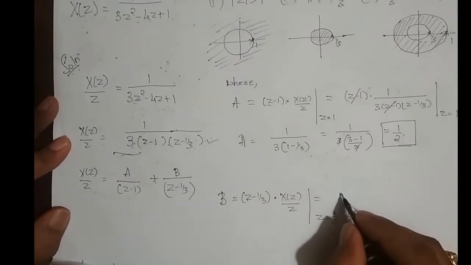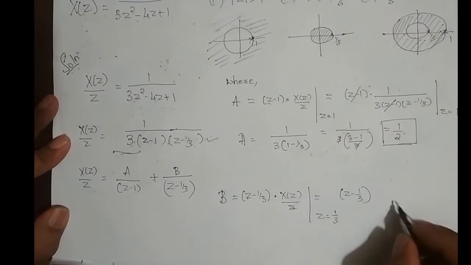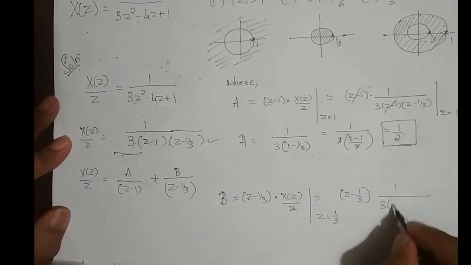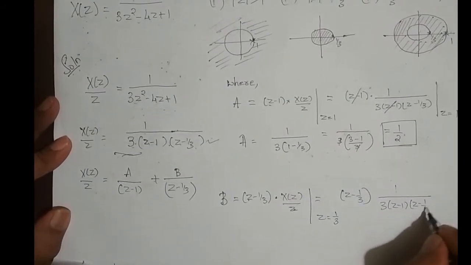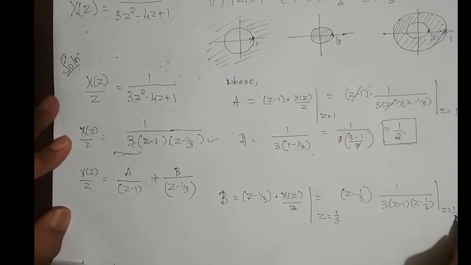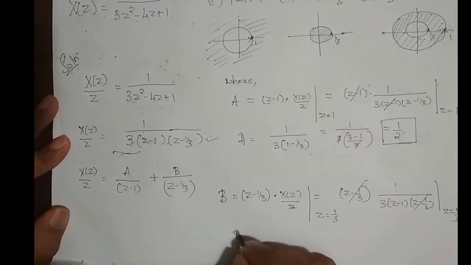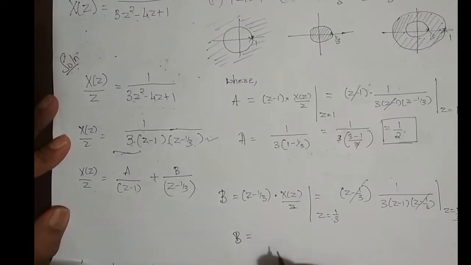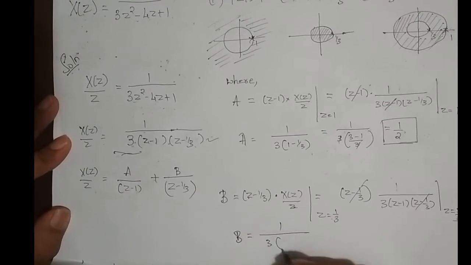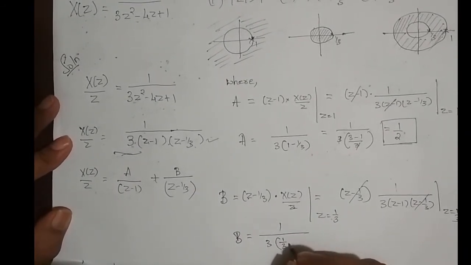So similarly b: (z minus 1 by 3) into X(z) by z. X(z) by z is this, 1 divided by 3 into (z minus 1) into (z minus 1 by 3), at z equal to 1 by 3. So z minus 1 by 3 cancels out. So I end up with b equal to 1 divided by 3 into (1 by 3 minus 1).